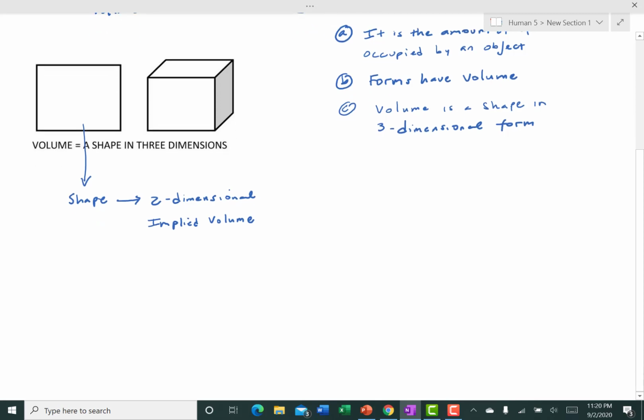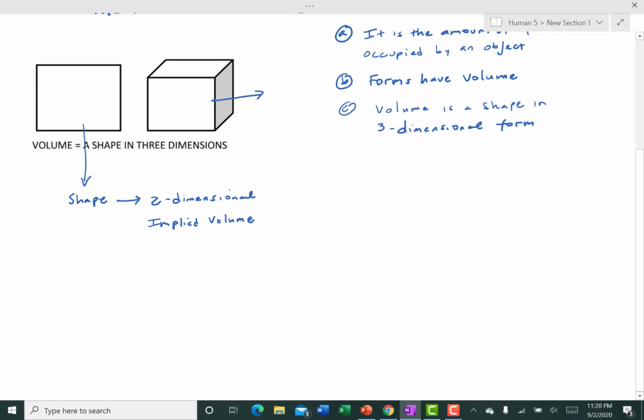So when you have drawings or paintings, those are 2-dimensional. But whatever is being created, that artwork can then have implied volume. Just like this shape can have implied volume, but it doesn't have actual volume.